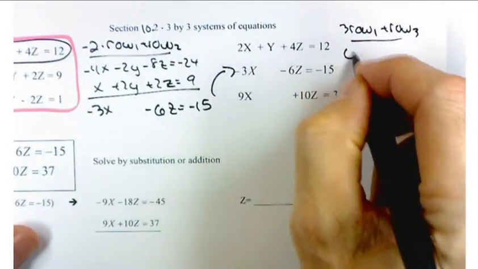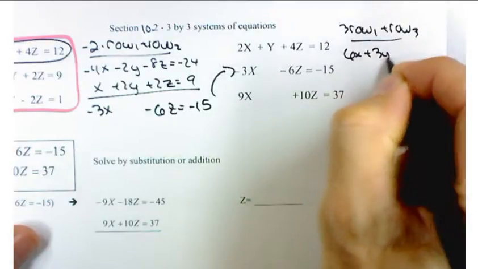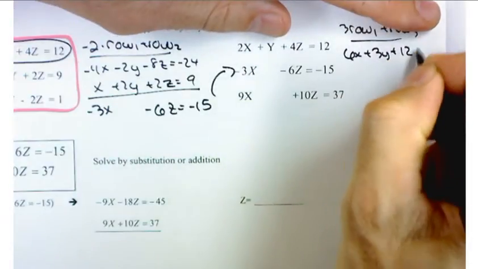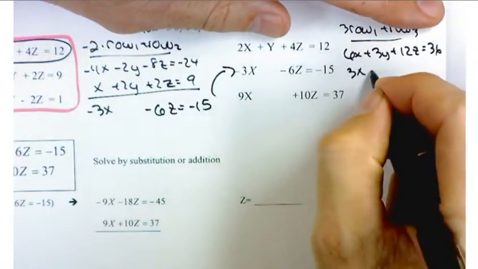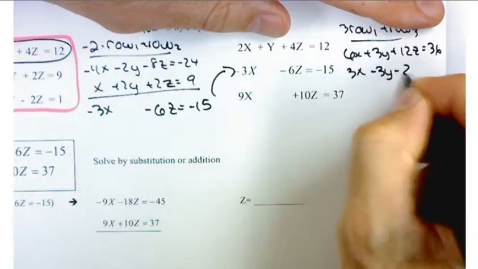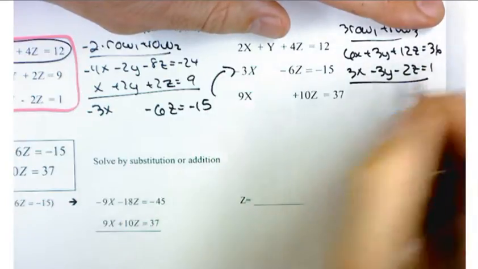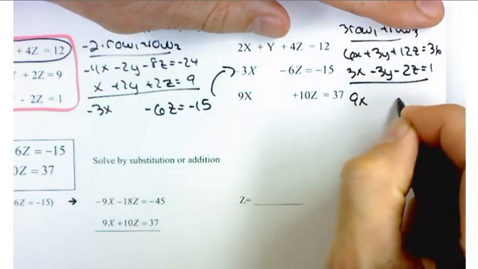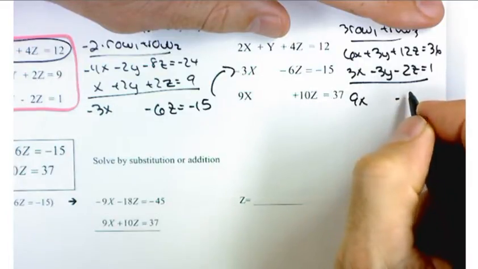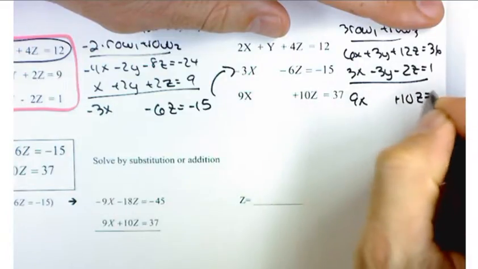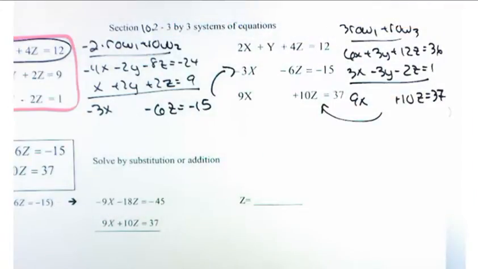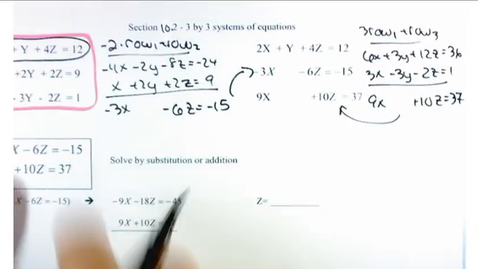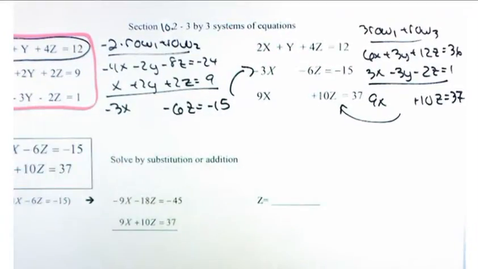I'll get 6x plus 3y plus 12z equals 36, added to 3x minus 3y minus 2z equals 1, for a total of 9x plus 10z equals 37. So that's what I have right here. So your first step is to eliminate a single variable from two of the equations.